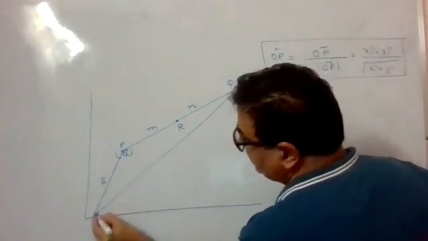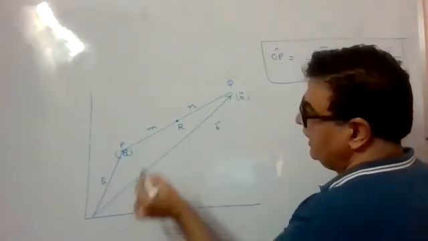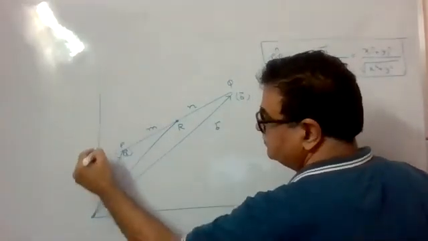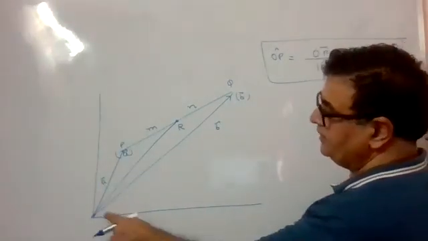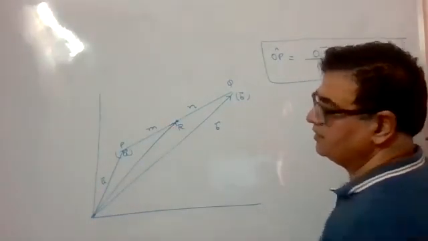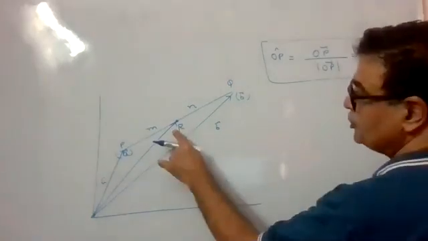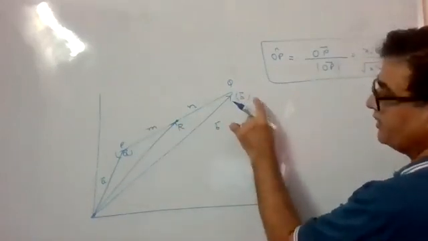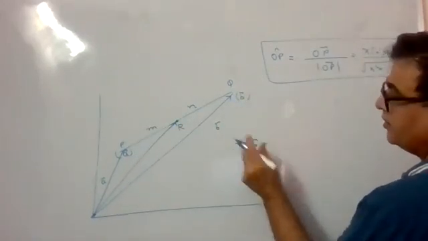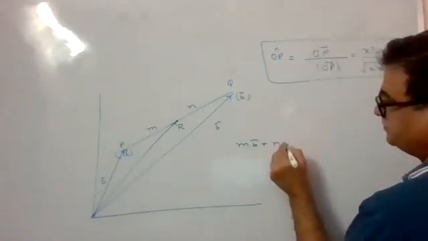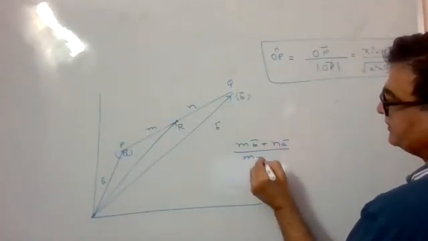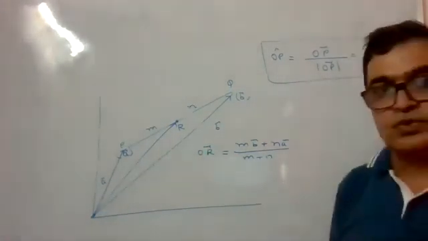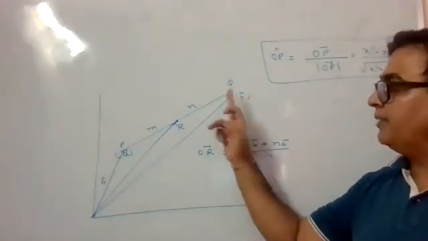This will be your B vector. And I want now OR vector, that is, position of R. So the position vector of R will be, the formula is OR vector equals MB plus NA by M plus N.